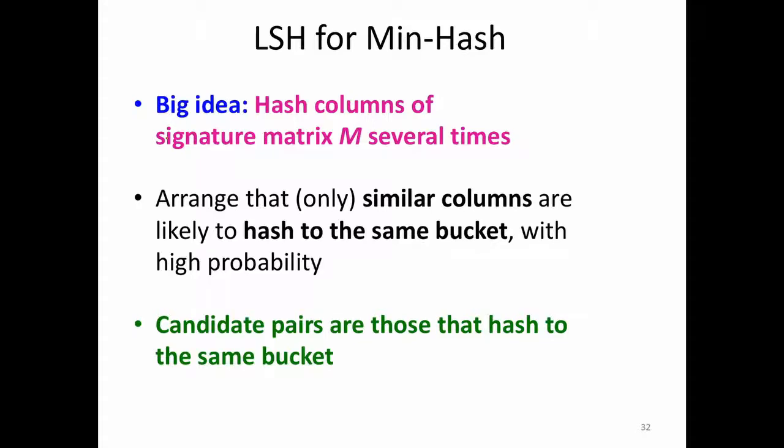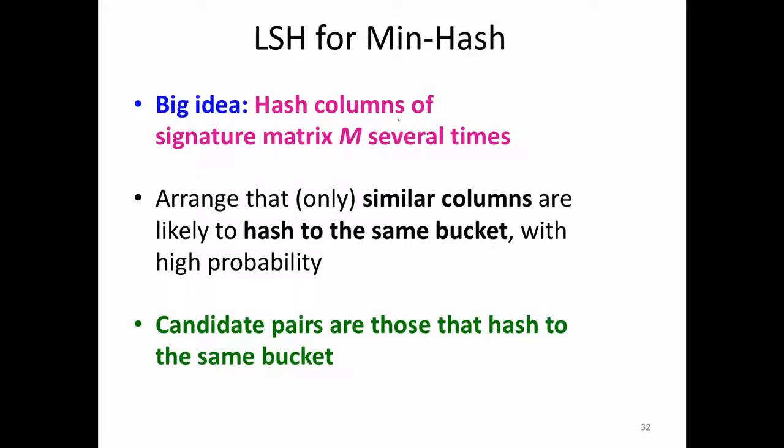There are all these buckets, and each document or each column gets mapped to its corresponding bucket using the min hash signature, the integer that you have computed. You have computed multiple of them, but for the time being just consider one min hash signature. That will give the ID of the bucket.